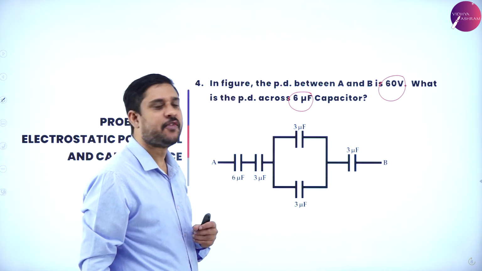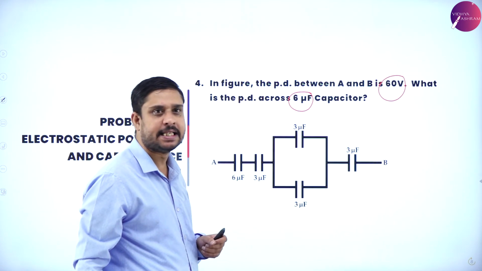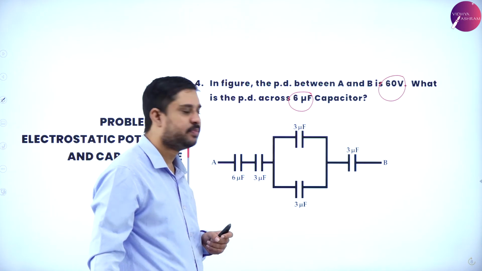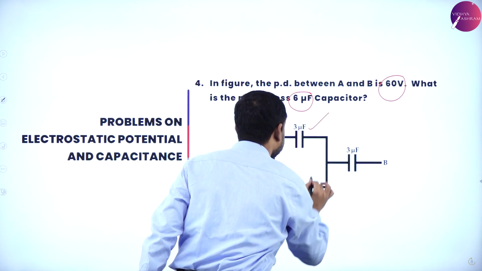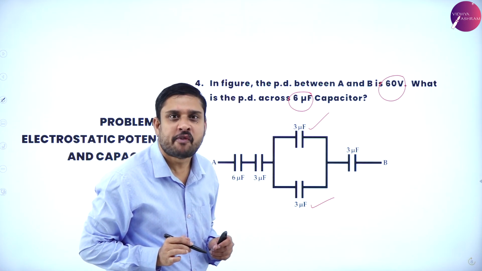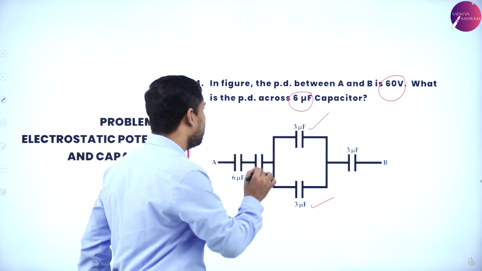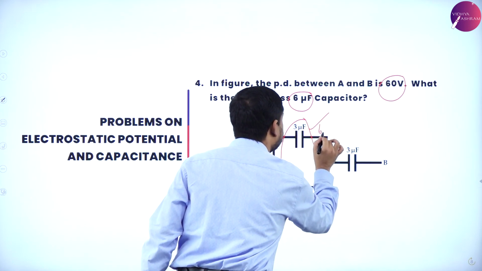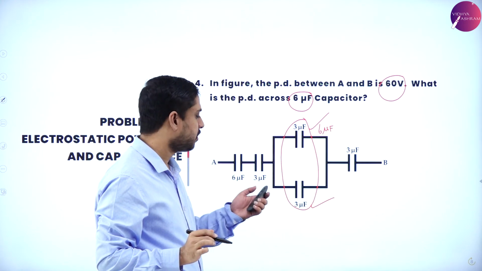To begin with, let us find the effective capacitance between A and B. If you observe the circuit, 3 microfarad and 3 microfarad are in parallel, which means the effective of this is 6 microfarad.